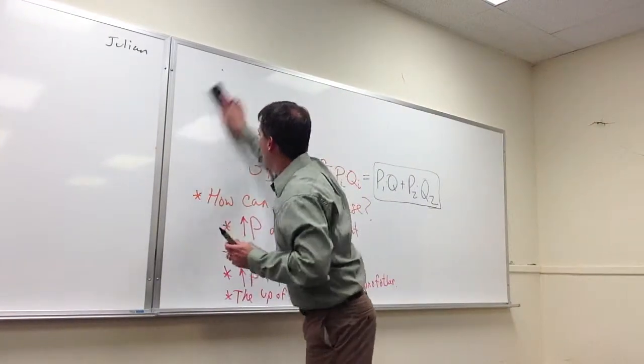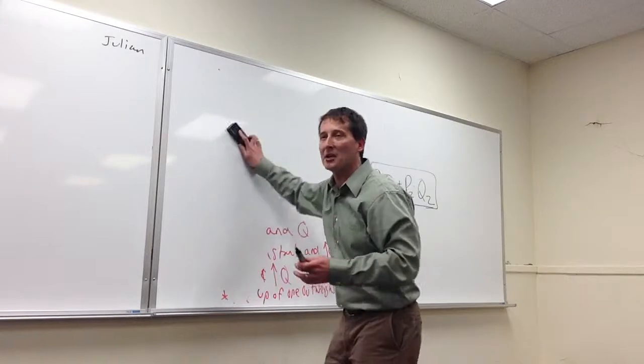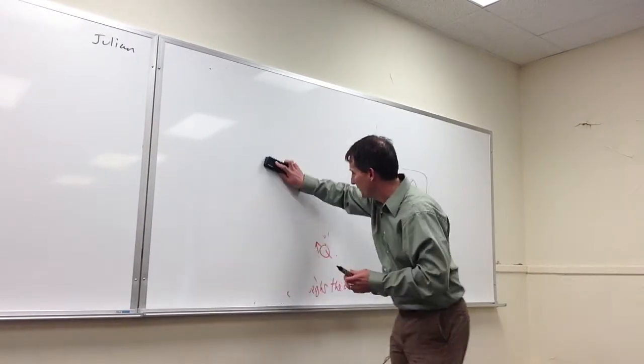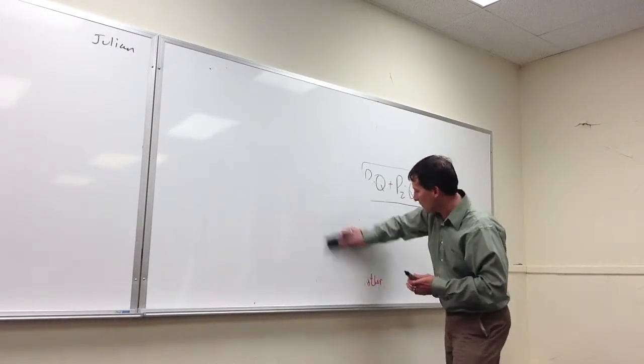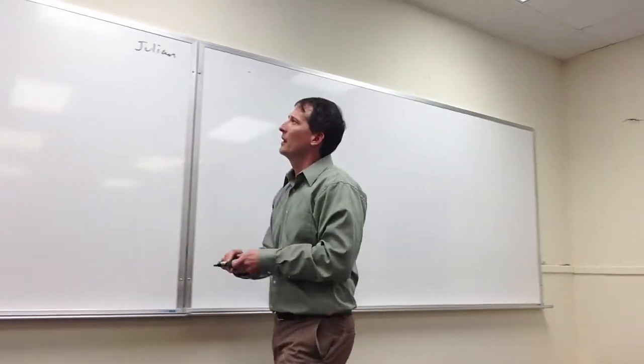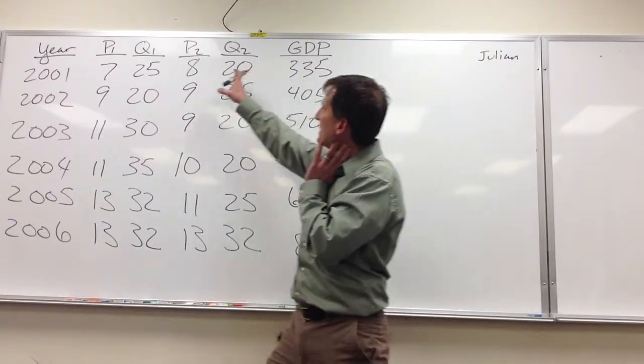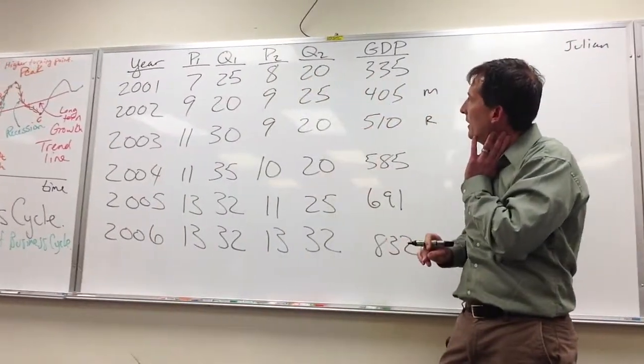So how could we possibly come up with a new measure of real GDP so that we get rid of that price effect? What I'm thinking about here is a new way of thinking about this. We've got price times quantity in each year.